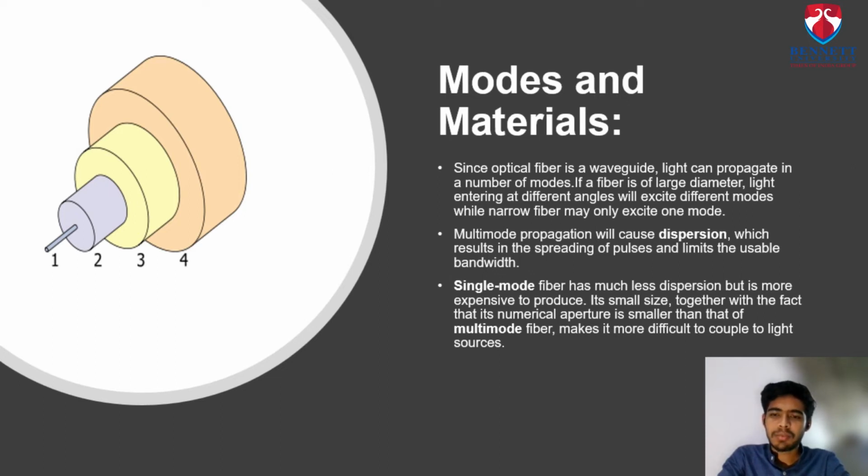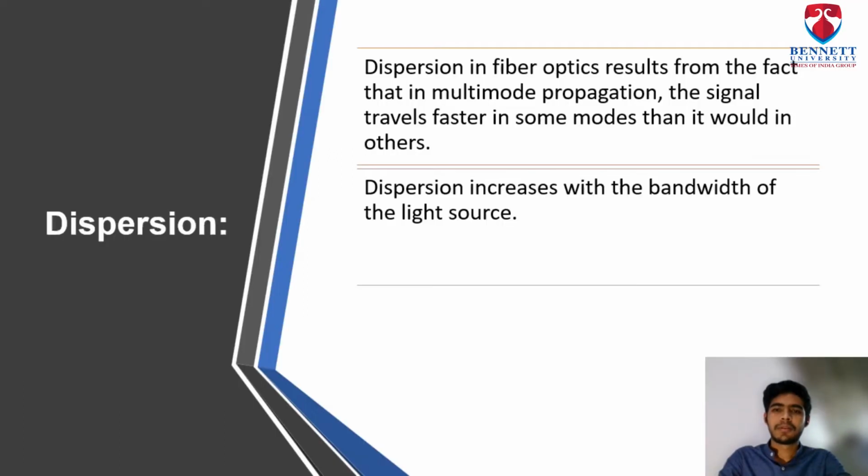Single-mode fiber has much less dispersion, but is more expensive to produce. Its small size, together with the fact that its numerical aperture is smaller than that of multimode fiber, makes it more difficult to couple to light sources.